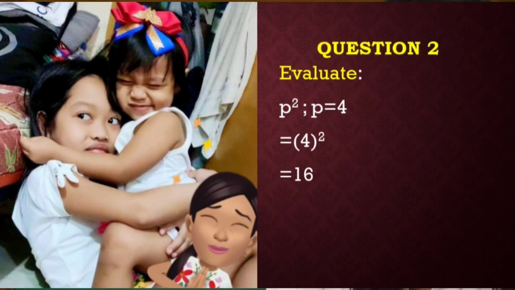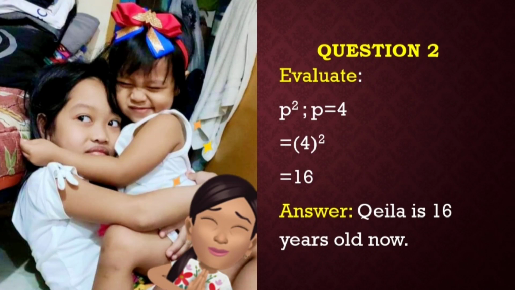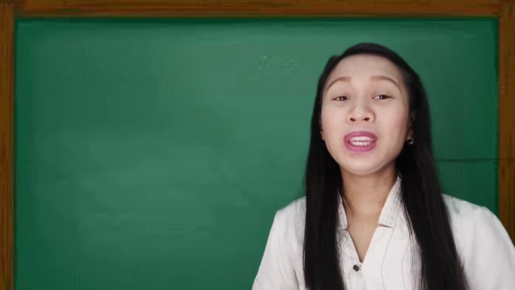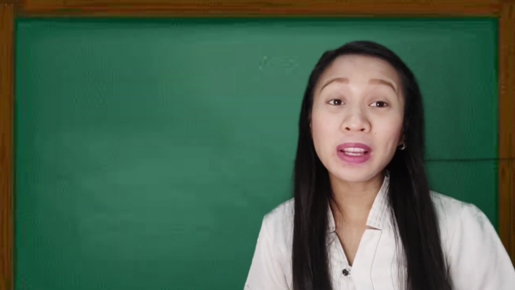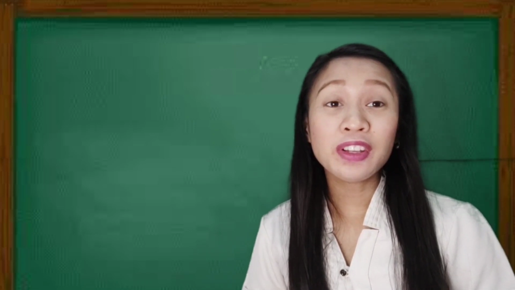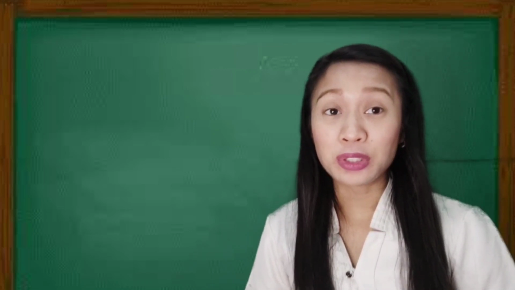Simplifying, 4 squared is equal to 16. Therefore, our final answer is, Kayla is 16 years old now. It's easy, right? So, we can say that algebraic expressions are very useful in real-life situations.